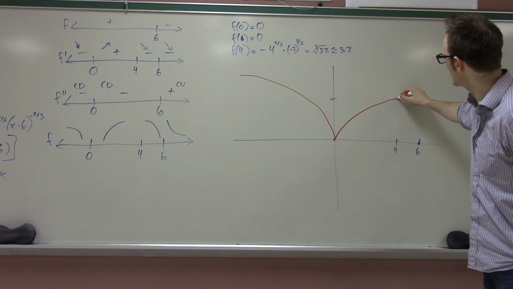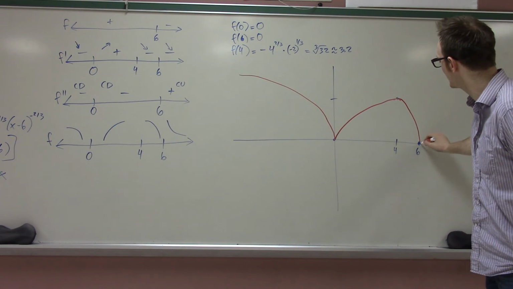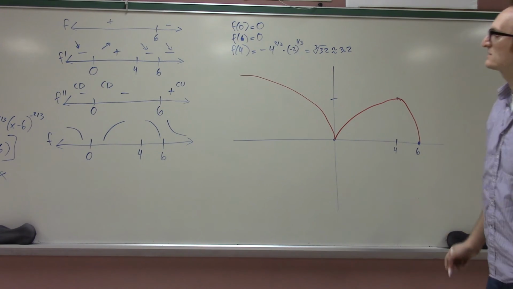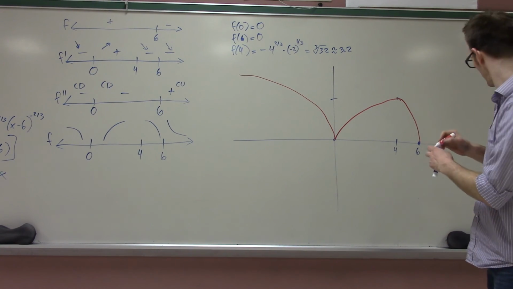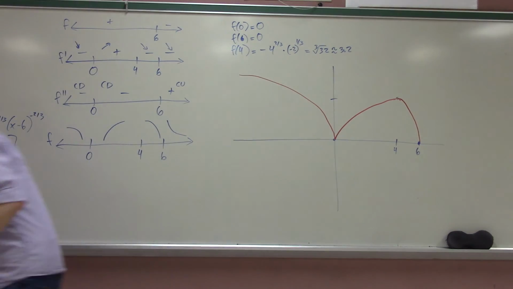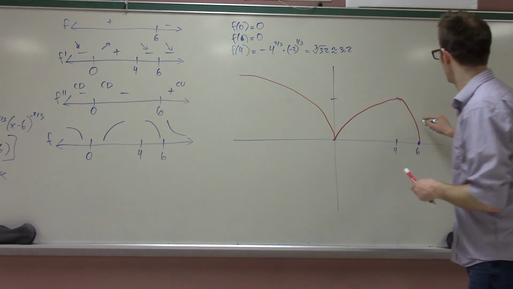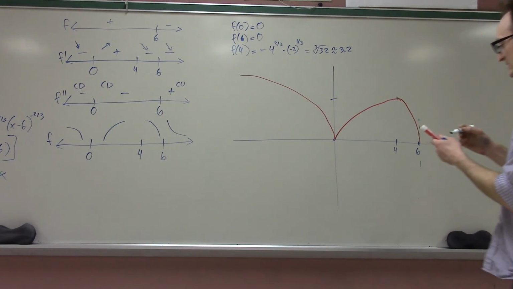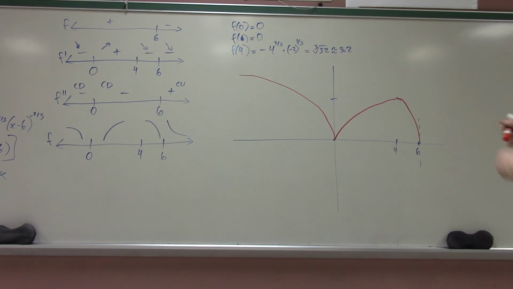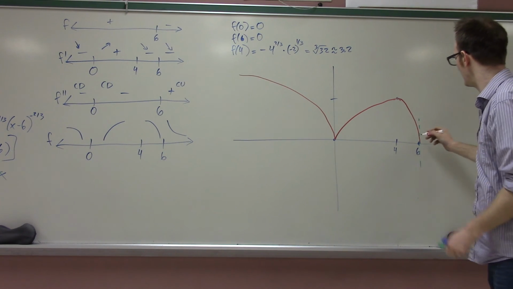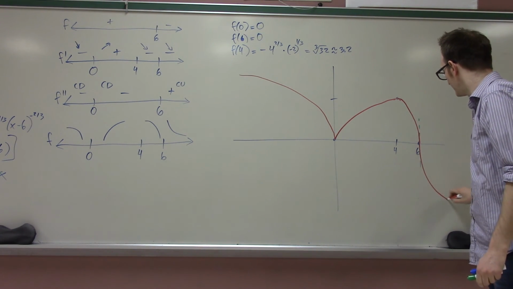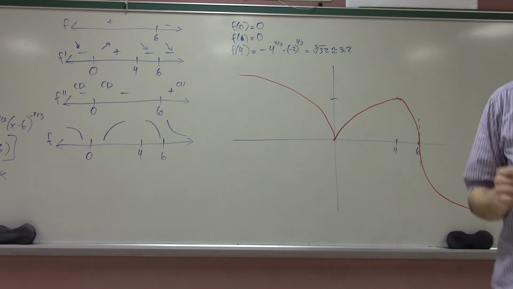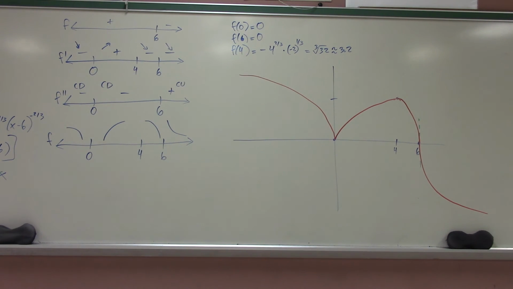Now I start decreasing, but I'm still concave down. And then suddenly I have a vertical tangent here at x equals 6. And then my concavity changes from being concave down to concave up. So this, believe it or not, is basically what this function looks like.